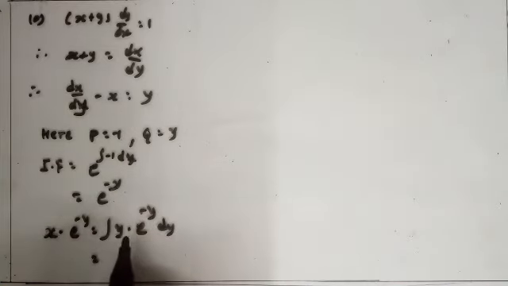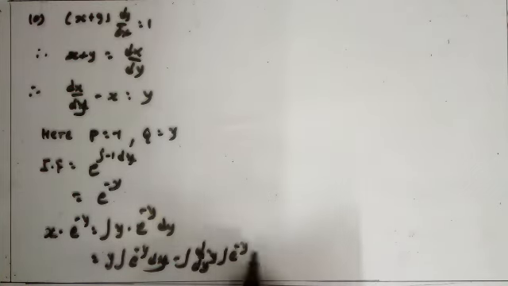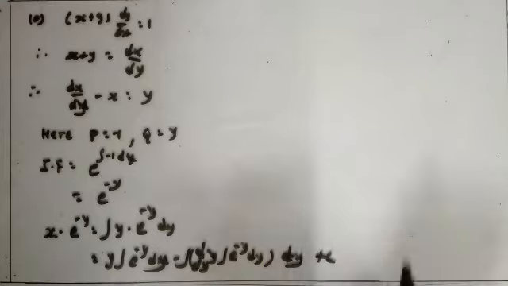Now by parts, the integration of this is y times the integration of e^(-y) dy, minus the integration of the derivative of y times the integration of e^(-y) dy, plus c.